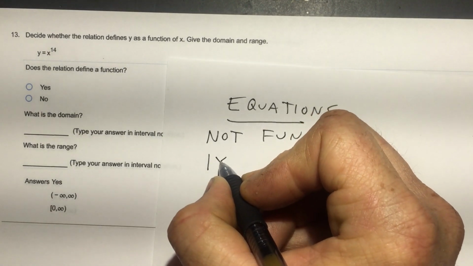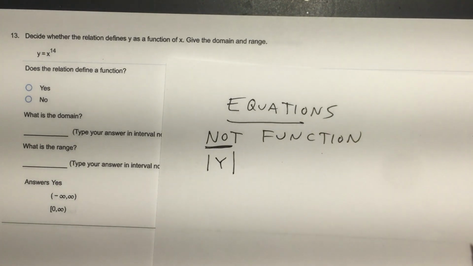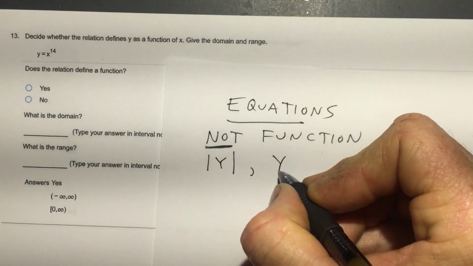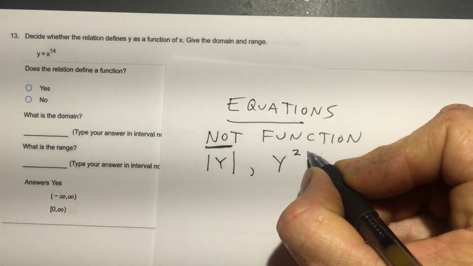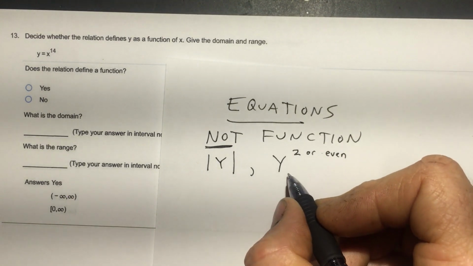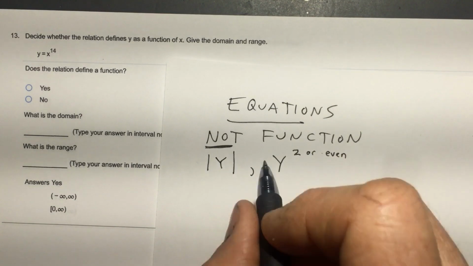If you have y in absolute value bars, that is not a function. If you have y squared or some even power, y squared or y to the fourth or y to the sixth, that's not a function.